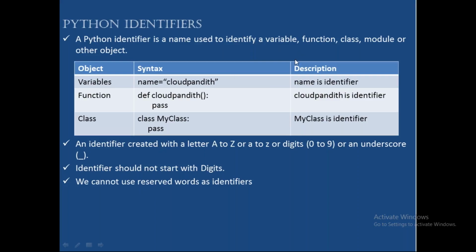Can you give somebody the name street? Can you give a person's name as street? You should not give it. The reason is street already has a predefined meaning. It indicates some place, isn't it? So that's why you should not give street as a name to people. The reason is street has a predefined meaning.